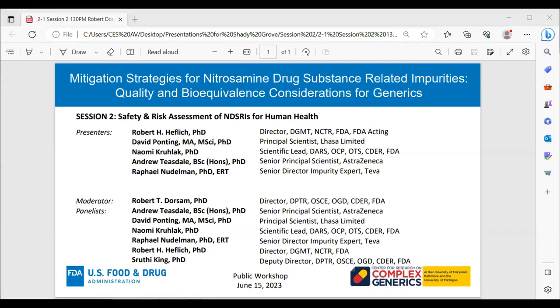Considering that NDSRIs often do not have data to characterize their carcinogenic potency, the chemical environment surrounding the nitroso group is critical in order for us to estimate the potency of that compound. So Dr. Ponting from LASA will discuss the mechanistic rationales for the effects of structural features on the activity of nitrosamines.